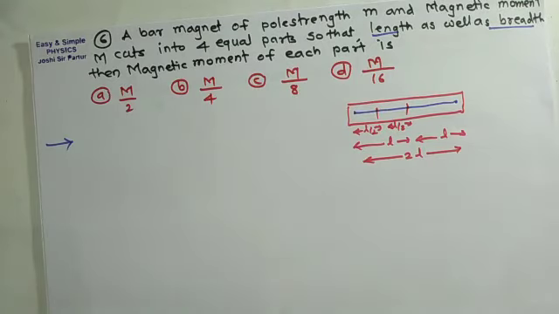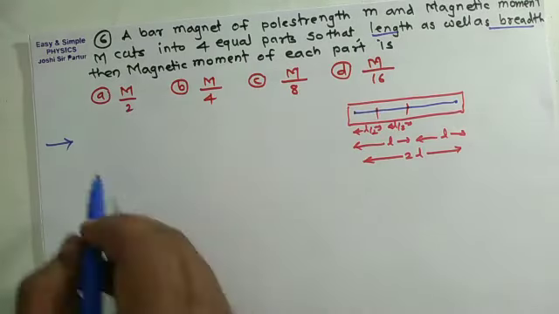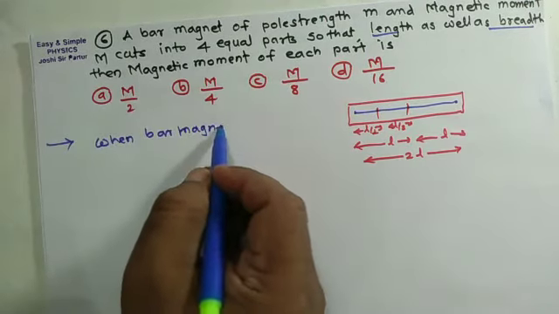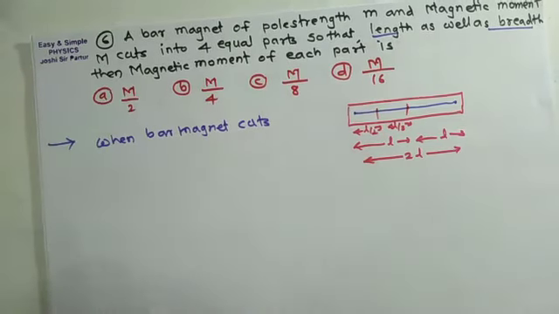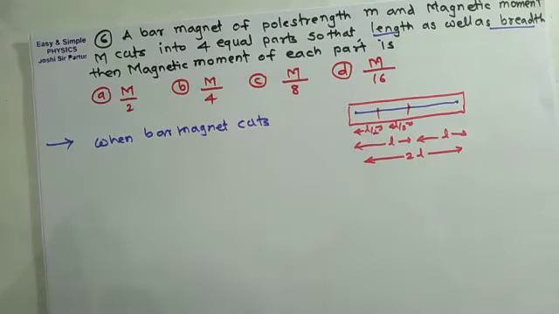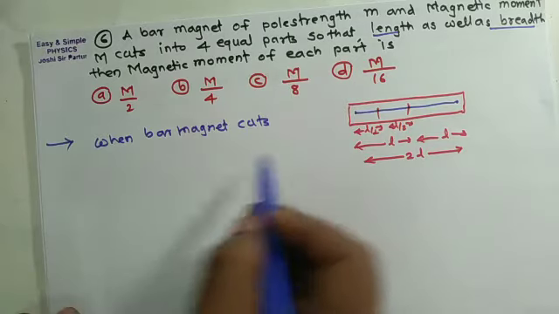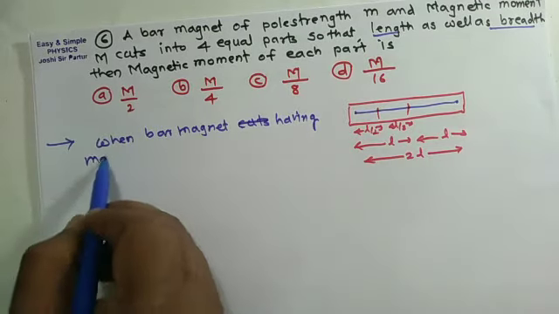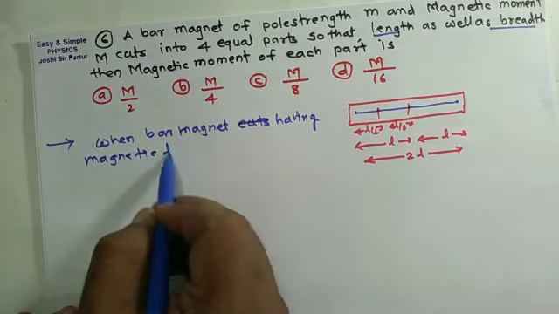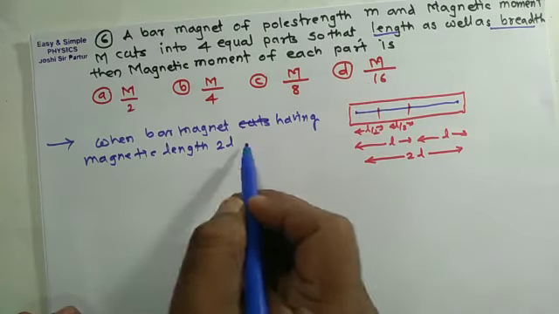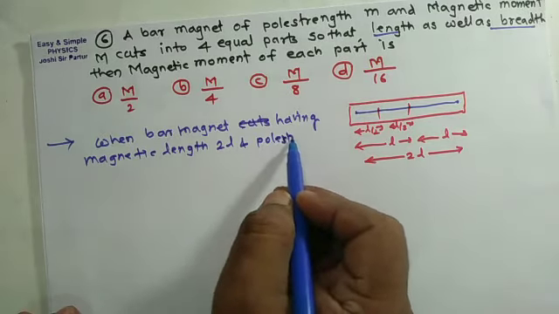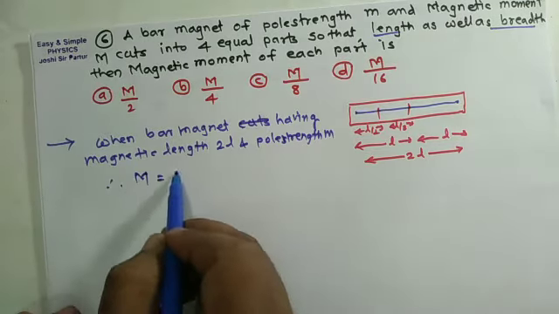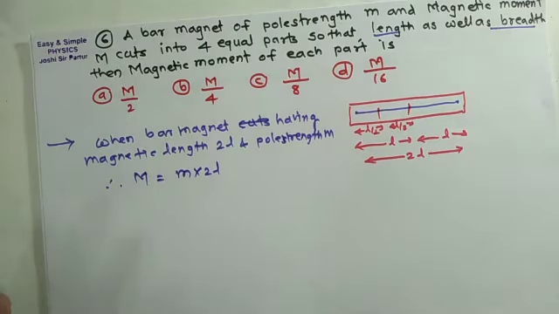So here we can see that a bar magnet having magnetic length 2L and pole strength small m has magnetic moment equal to small m multiplied by 2L.